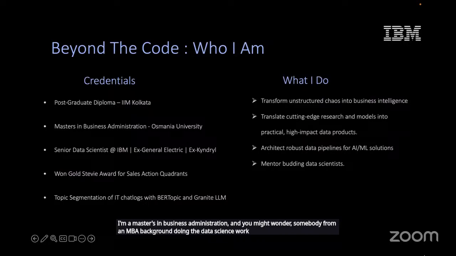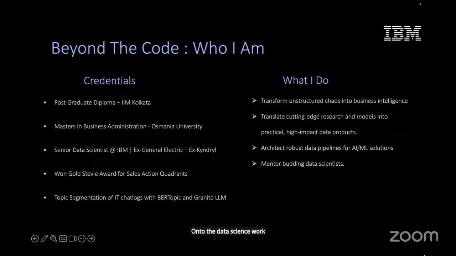I think that's what destiny had for me. So I did my MBA in finance, but then in 2015, I realized my love for numbers and analysis. So that's when I shifted my career from reporting analysis onto the data science work. We've done some excellent projects at IBM, and one of them was also nominated for Stevie Gold Award, and we won that back in 2019.